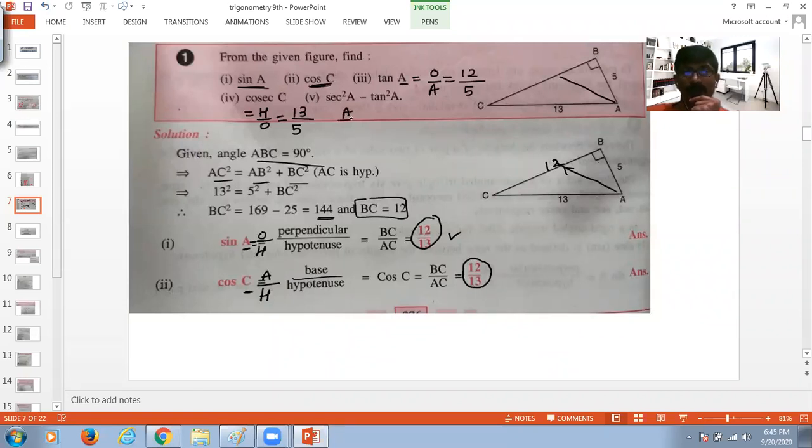So it will become adjacent upon hypotenuse, the whole square, minus, tan A is O by A. See, first of all, I'm writing the formulas. Once I write the formula, I'll see the reference angle. What is the reference angle? Reference angle is A. So from reference angle A, this would be adjacent side, this would be opposite side, and this would be hypotenuse.